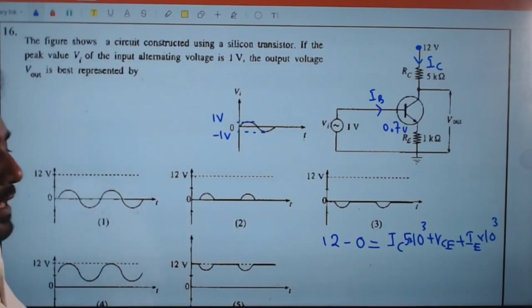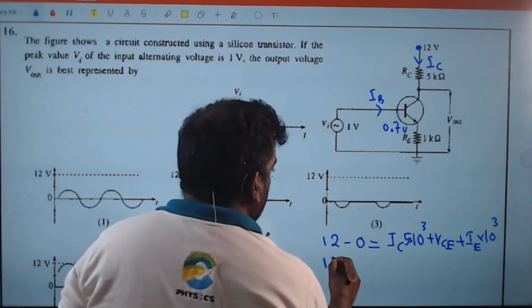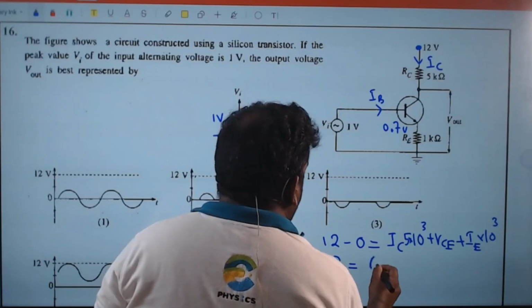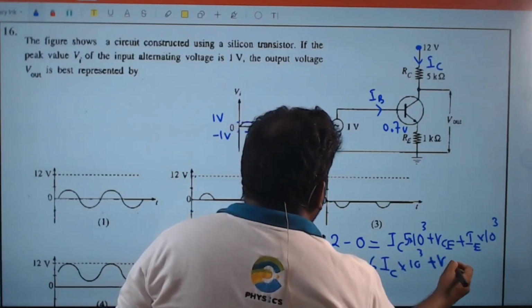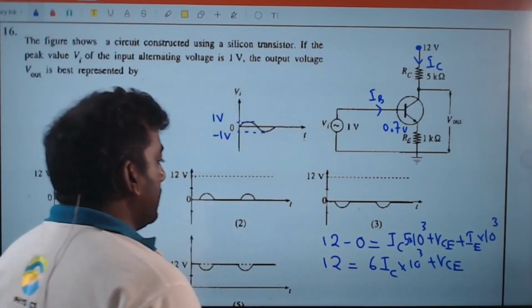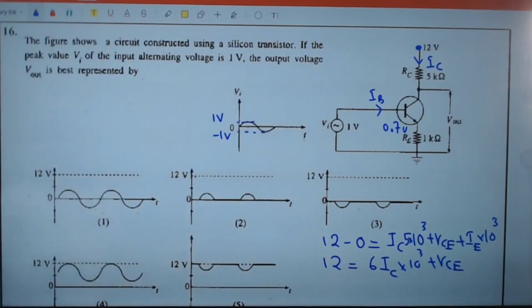IC and IE both are equal. From this you can say 6 IC times 10 to the power 3, VCE. Observe very carefully. What is your VCE voltage? Input voltage is greater than barrier voltage.